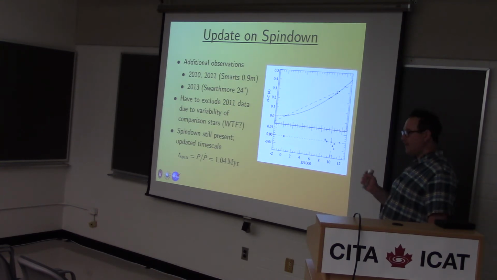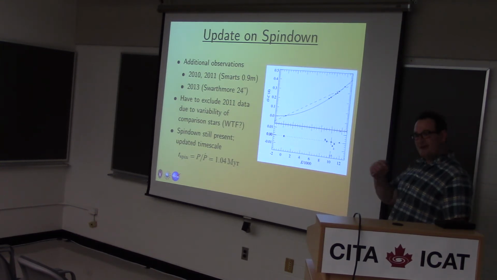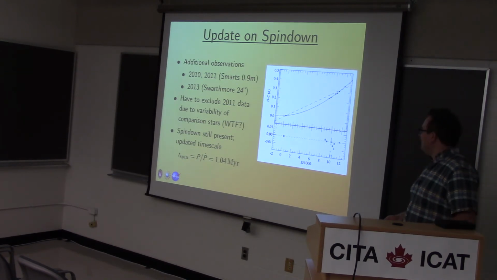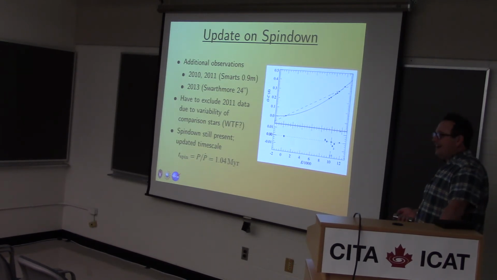If all of them had got half a magnitude brighter, then it would have meant that my star had actually got half a magnitude dimmer. So what's the physics? I don't know, but I'm still trying to figure that out. The spin down is still present, which is encouraging. And we've got a revised estimate of the spin down time scale, a little bit shorter, in fact, of 1 megayear.